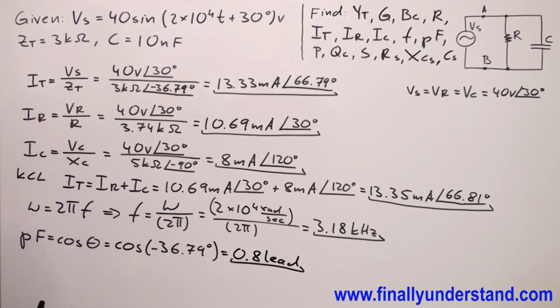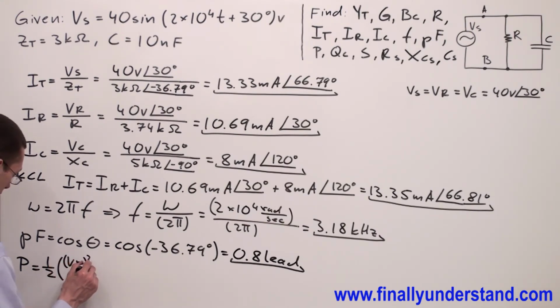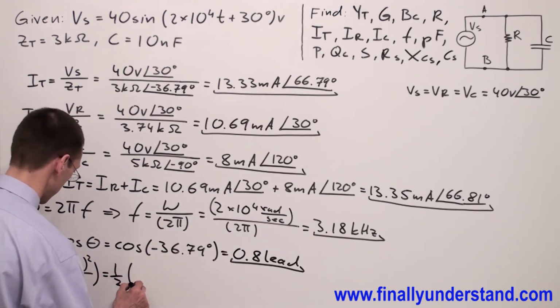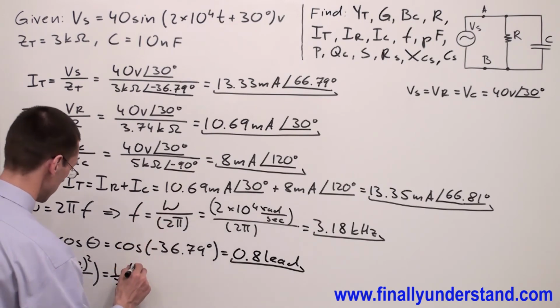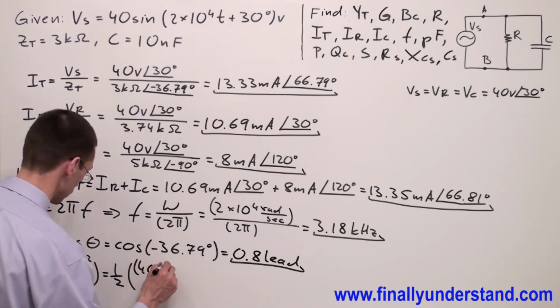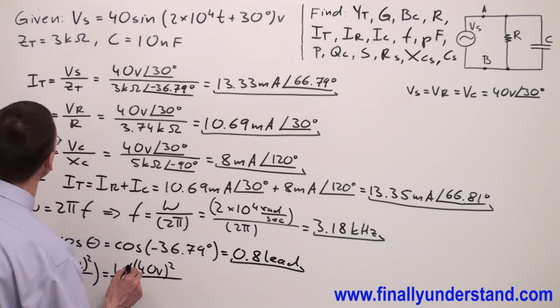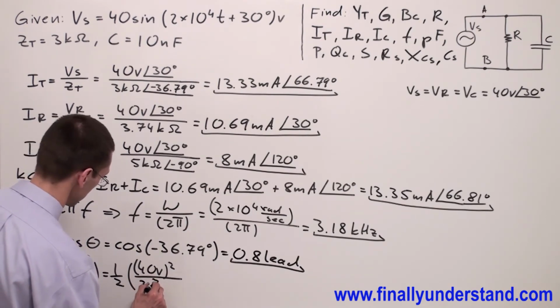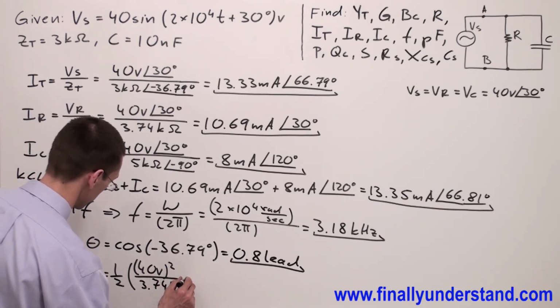Next, we're supposed to find the true power. True power is equal to 1/2 times the voltage across the resistor raised to the second power over resistance, which is equal to 1/2, and I have the voltage across the resistor, we said, 40 volts raised to the second power over the resistance, which is equal to 3.74 kiloohms.